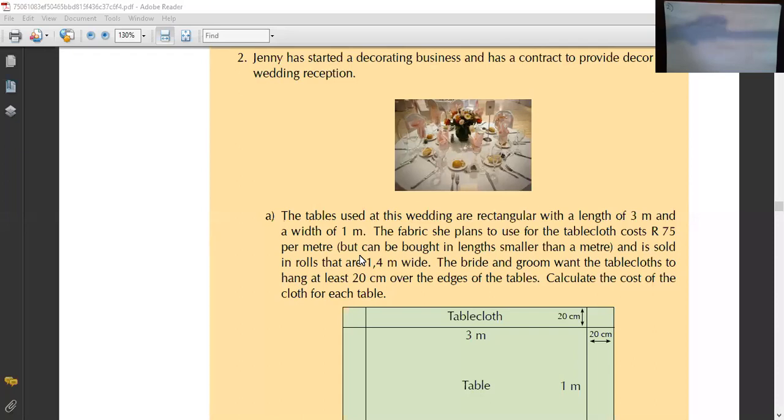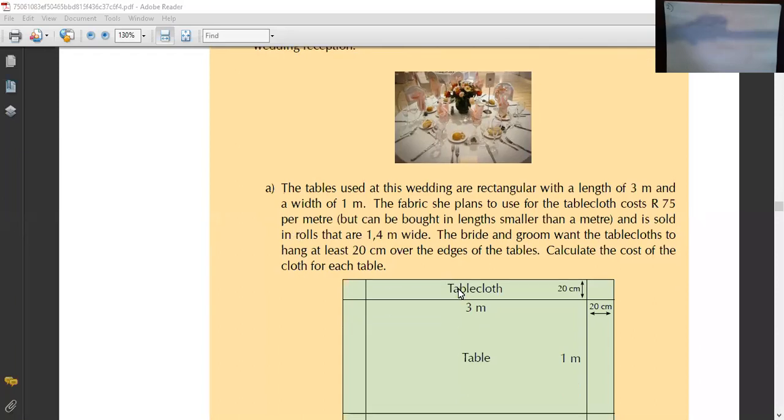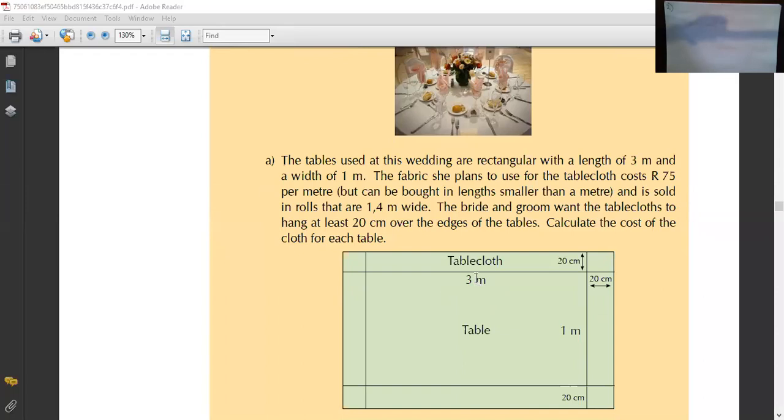It is sold in rolls that are 1.5 meters wide. The bride and groom want the tablecloth to hang at least 20 centimeters over the edges of the table. Calculate the cost of the cloth for each table.